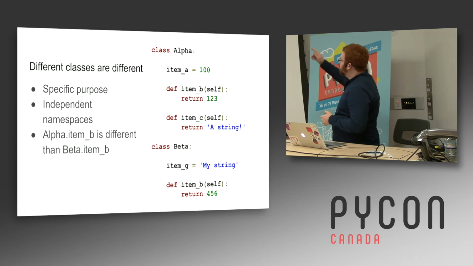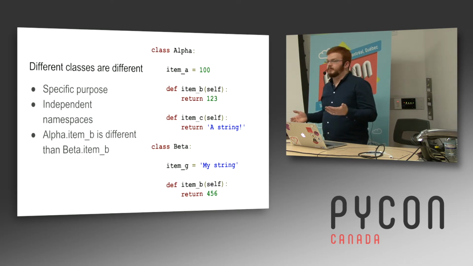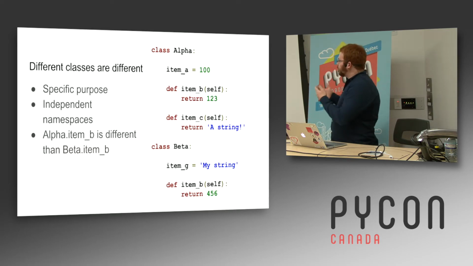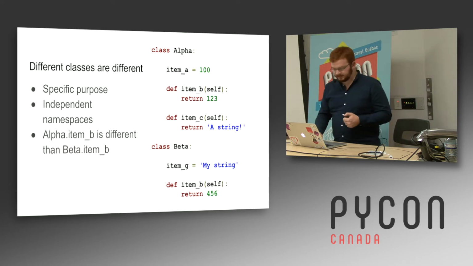For example, both class Alpha and class Beta in this example have an item B method, but as you can see, they return different values. They might even have completely different implementations. They might do entirely different things. So it's just important to bear that in mind.